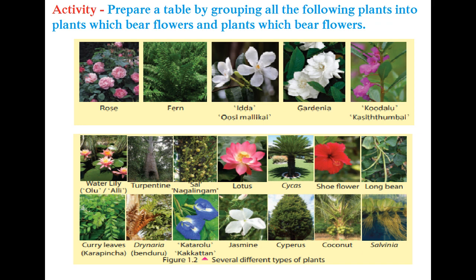Okay. Drinaria, cypress, salvinia, no flowers. We have some more here. Katarolu, jasmine, coconut. They have flowers.